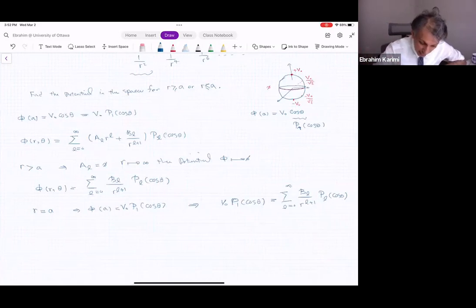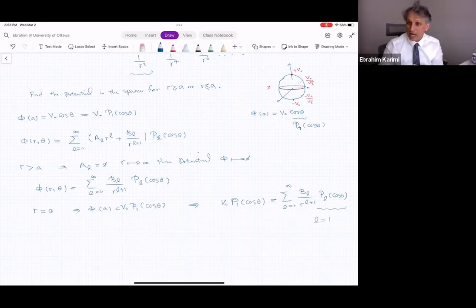It looks like having a vector on one side with a coefficient of i hat, and on the other side we don't know the coefficient of i hat, j hat, k hat, and so on. But we know that i, j, k hat are orthogonal to each other. So definitely the only term kept here is L equal to 1, and all the others will be 0.